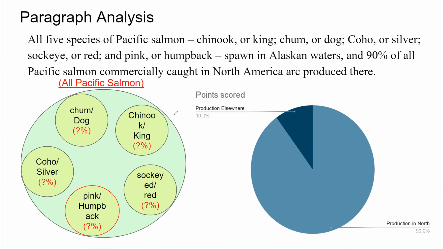But if you notice, the percentage of each of these categories is not given. So they have said that all Pacific salmon, let's say of all 100% Pacific salmon, some of which are coho, chinook, sockeye, and chum. But they have not stated of all these 100%, let's say all means 100% of Pacific salmon.